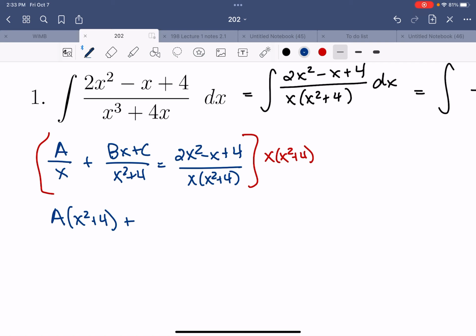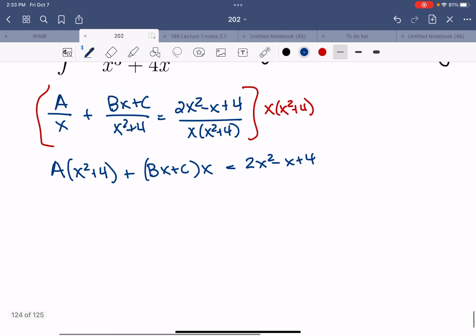The middle one, when you distribute, will cancel out the x squared plus 4, and you will have bx plus c times an x. And that has to be equal to what's on the right-hand side, and the denominator totally cancels on the right-hand side, and you get 2x squared minus x plus 4. Okay, so what I'm going to do here is, I don't have a good way of finding a, b, and c because they're not all linear.